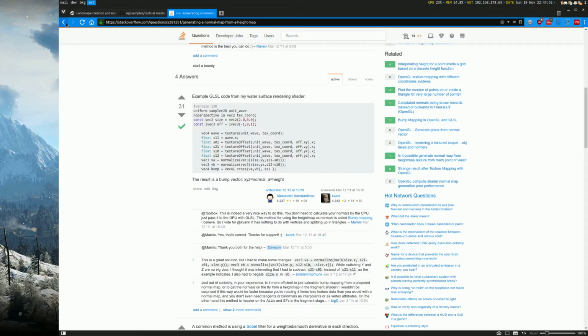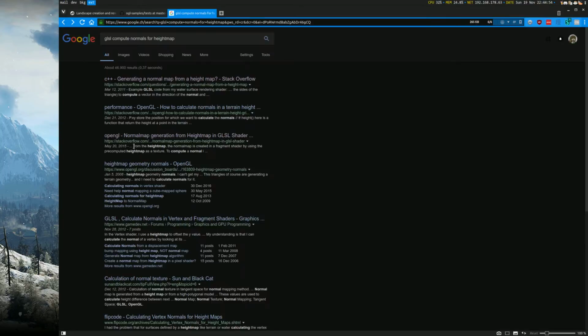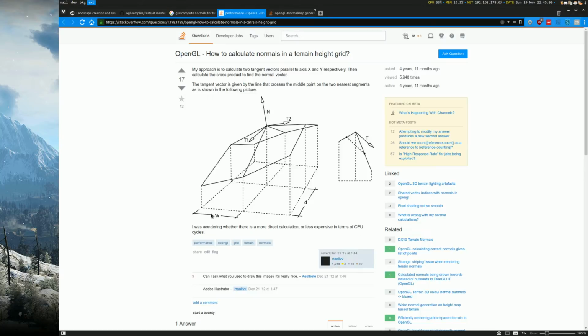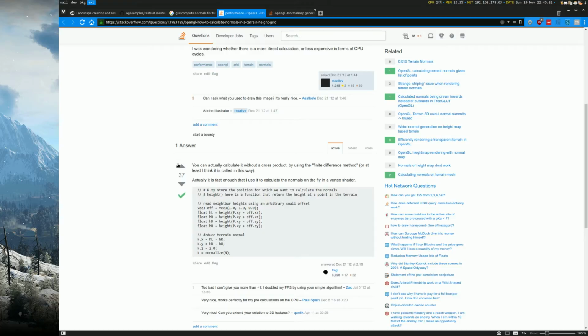Is there really no better way to do this? Hold on, let me see. Let's look at a bunch of stuff before I rush to anything. Calculated without a cross product by using the finite difference method.